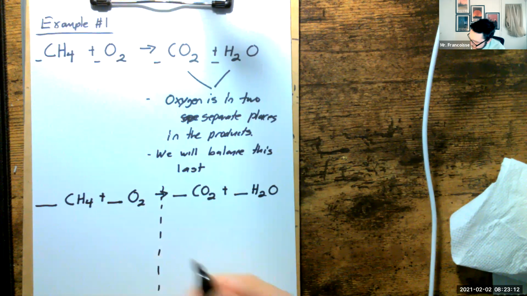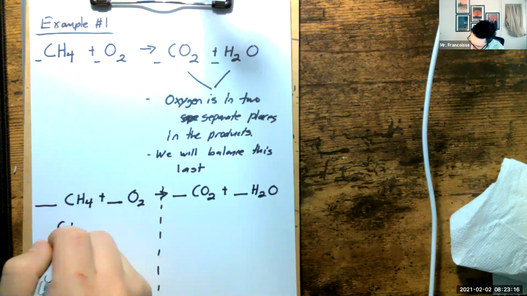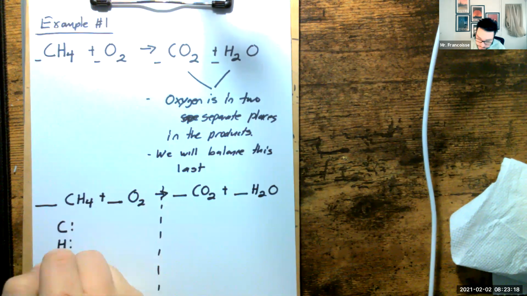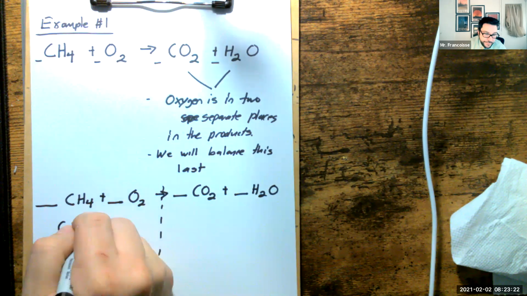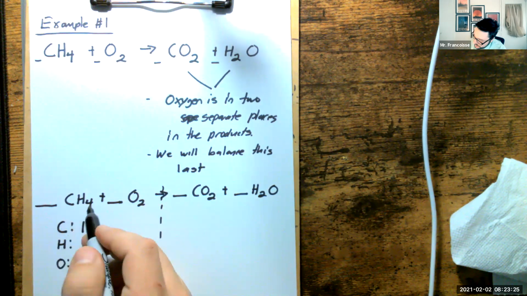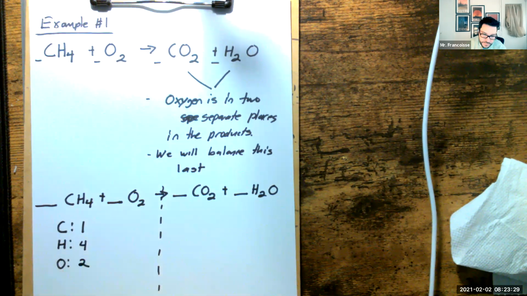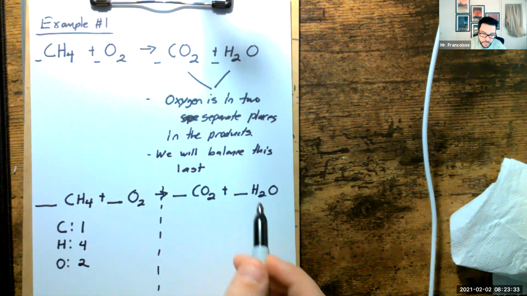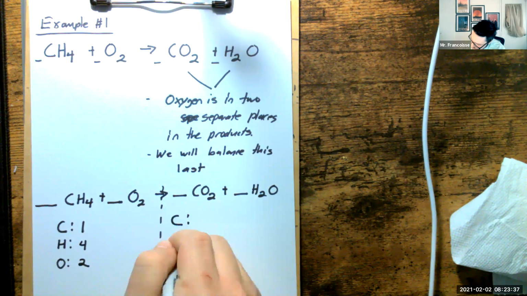So let's take account of everything that we have. So at first count, we have 1 carbon, we have 4 hydrogen, and we have 2 oxygen. Okay, on this side, we're going to keep the same order. So we're going to do carbon, hydrogen, and oxygen.